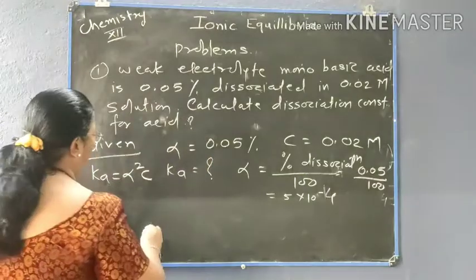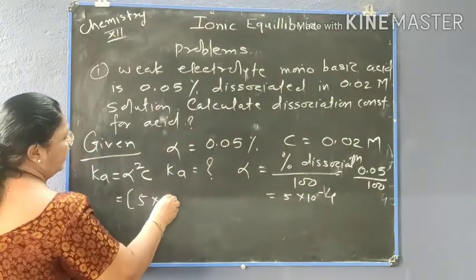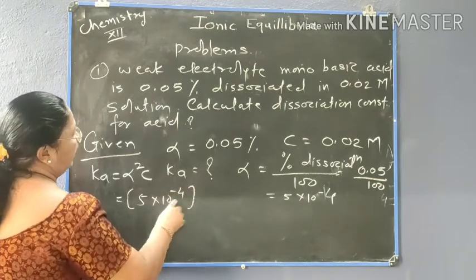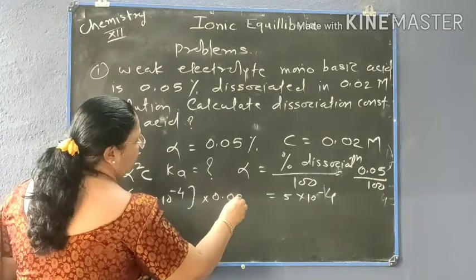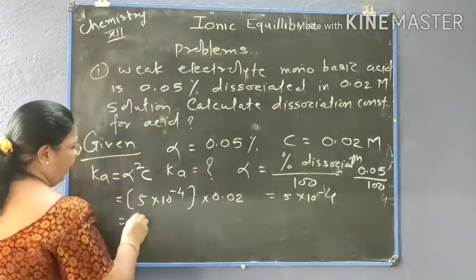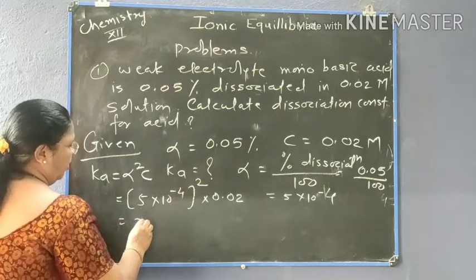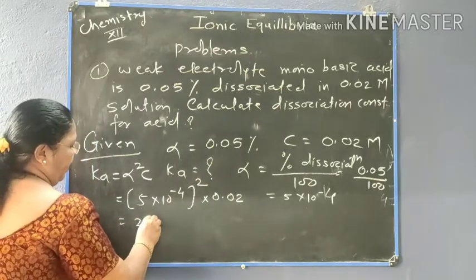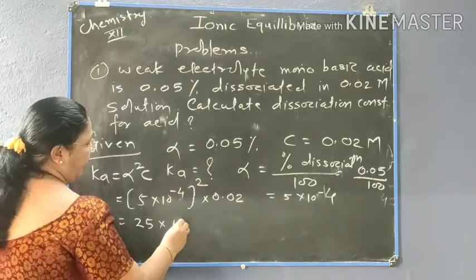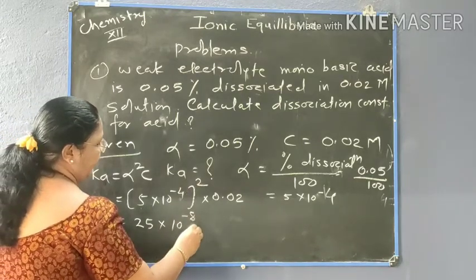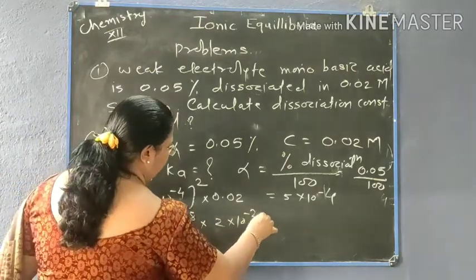So put the value of alpha here: 5 into 10 raised to minus 4, squared, into the concentration 0.02. Five squared is 25, and 10 raised to minus 4 squared is 10 raised to minus 8, into 2 into 10 raised to minus 2.